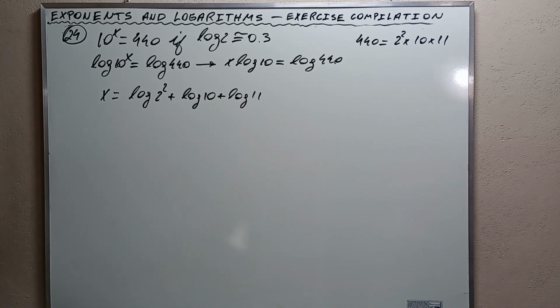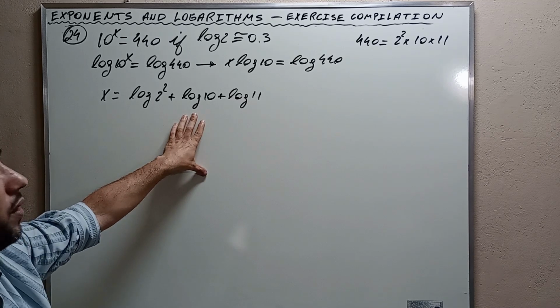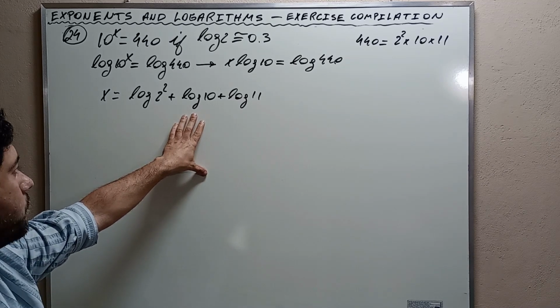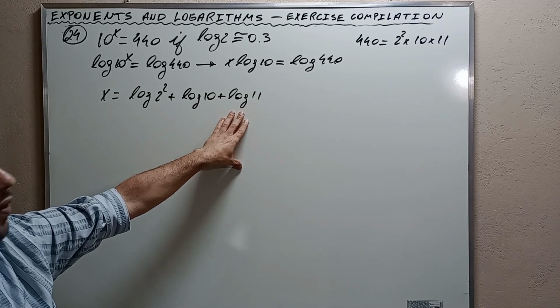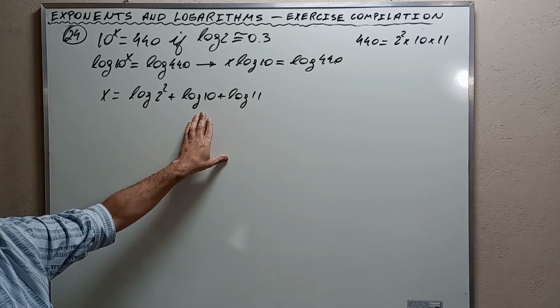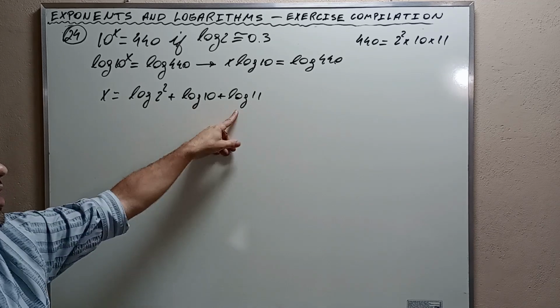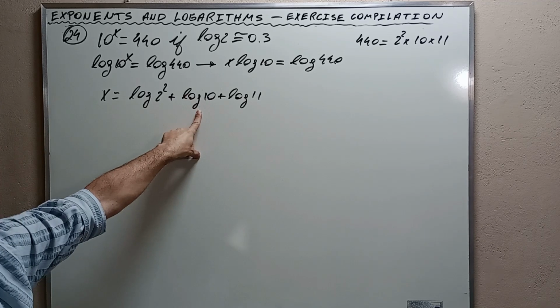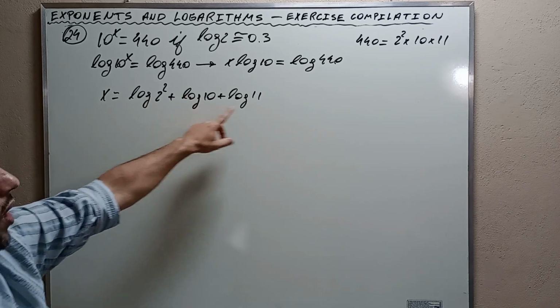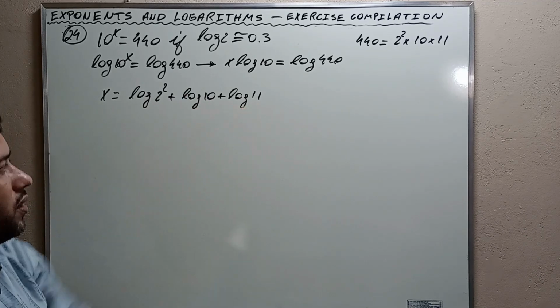The logarithm of 10, we know that is equal to 1. We are going to approximate the logarithm of 11 to the logarithm of 10. This is equal to 1, and this is approximately equal to 1. This is precisely equal to 1. It is approximately equal to 1.